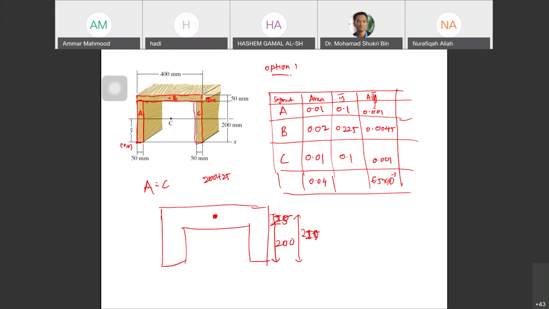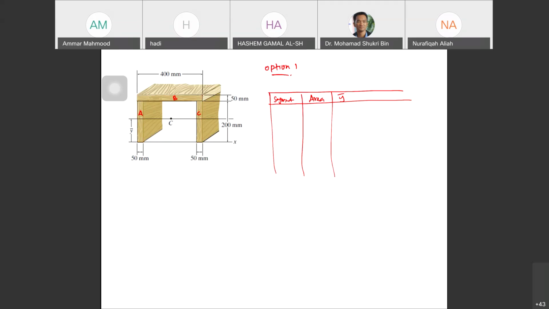So the centroid for y is, remember, the summation of AY over the summation of area. So you have 6.5 times 10^-3 over 0.04. You have 0.1625 meter, or 162.5 mm.